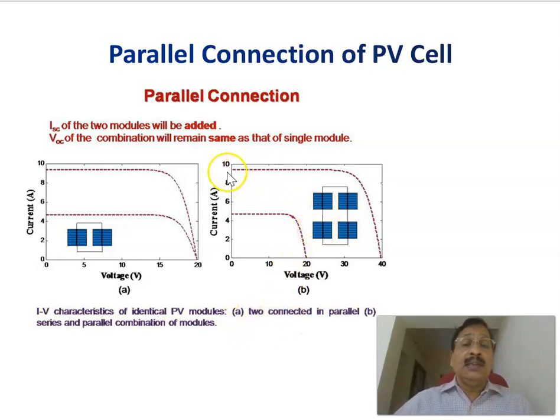In that case, the short circuit current is doubled and the open circuit voltage is also doubled. Therefore, this is the IV characteristic of a series-parallel connection of solar panels.